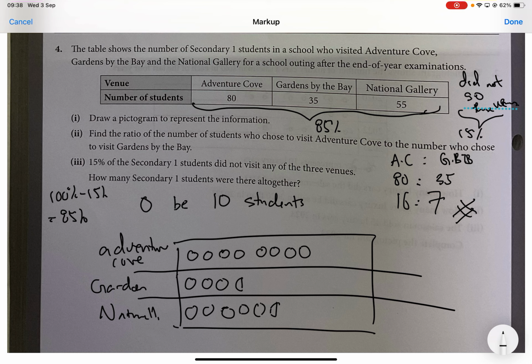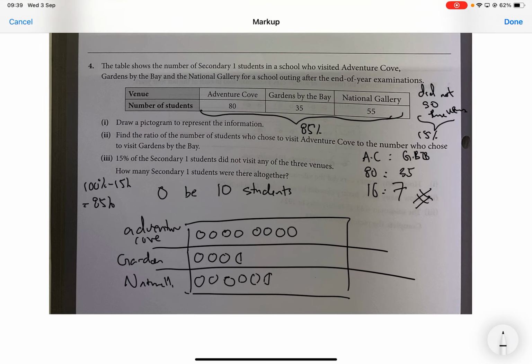But whenever there is data, you must be able to link, think. How are they linked together? Can? Then they tell you to find how many Sec 1 students were there altogether. Altogether means 100% is how much? So I know 85% is this much. Then I can go and find back 100% is how much.